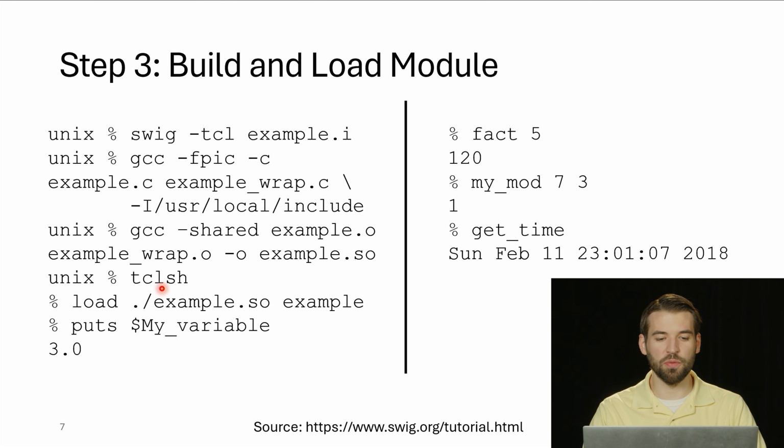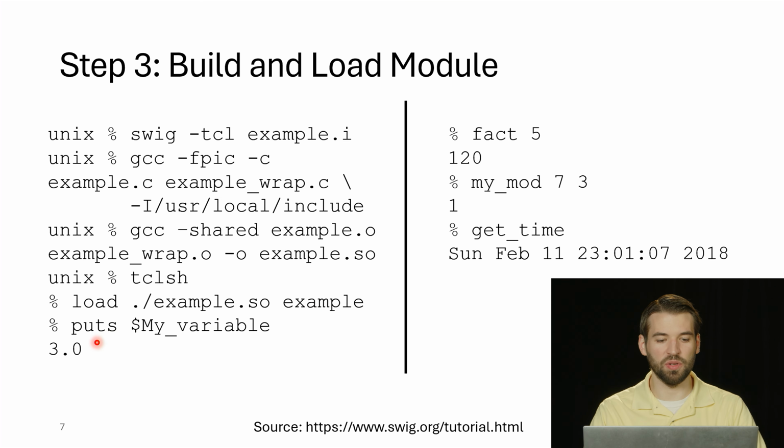Then you can open up a Tcl shell and load your shared object file, this example.so, and the module name, example. Once that's done, all of the interfaces that were exposed using the interface file can now be run inside of your Tcl shell.